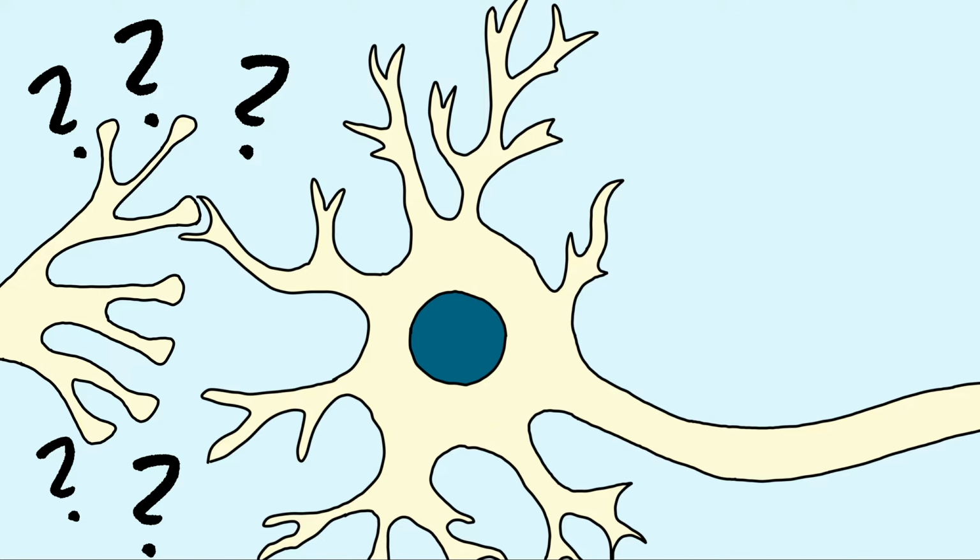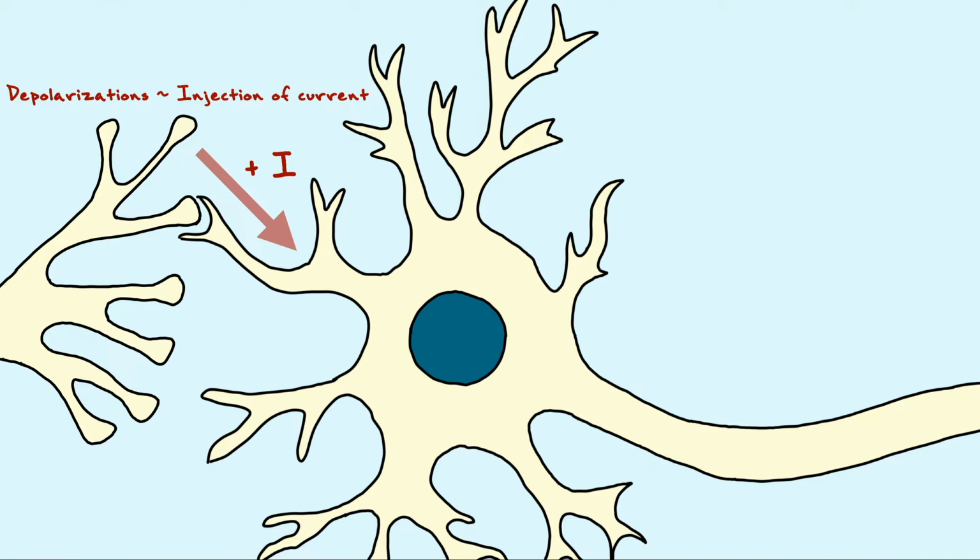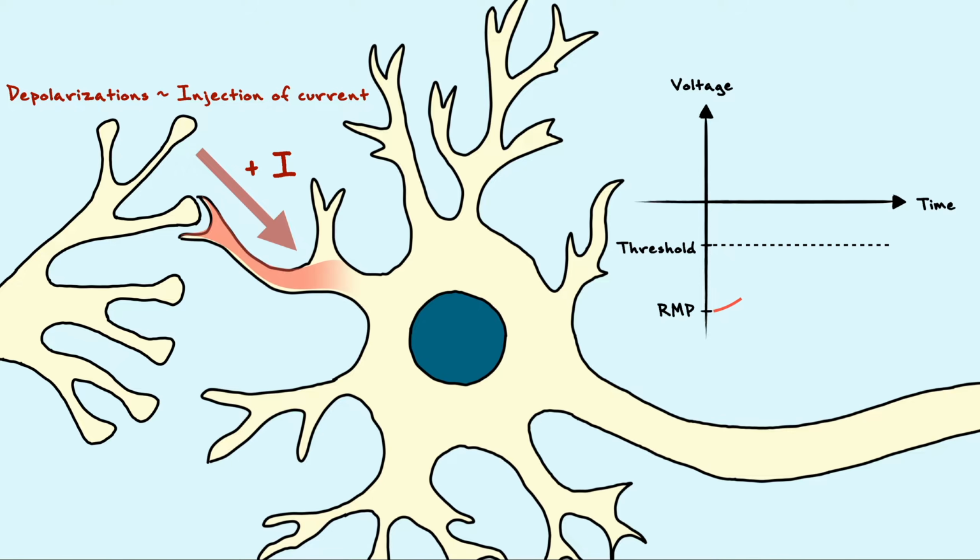With our new model of the electric circuit, these depolarizations essentially constitute an injection of current into our circuit. As we've seen, such injection of current caused by, let's say, neurotransmitters must reach a threshold in membrane potential to activate the action potential and consequently propagate the signal.